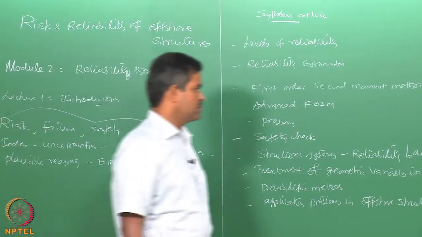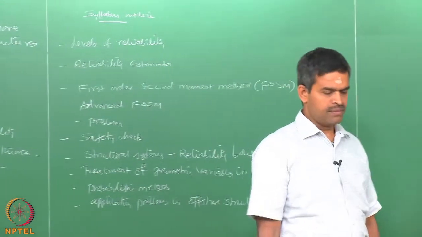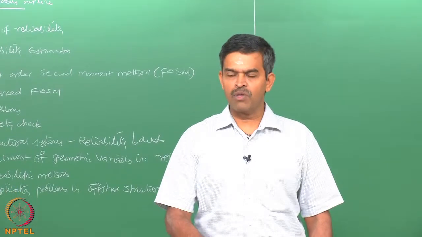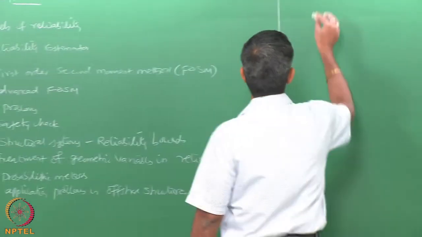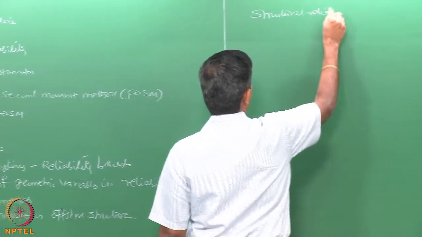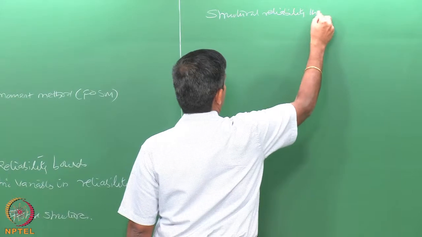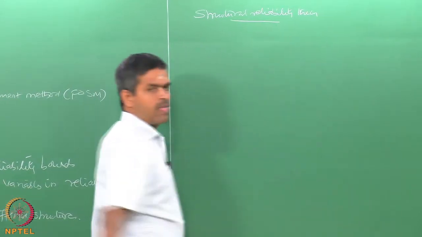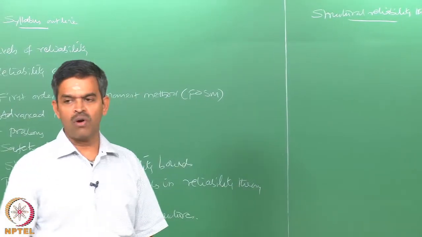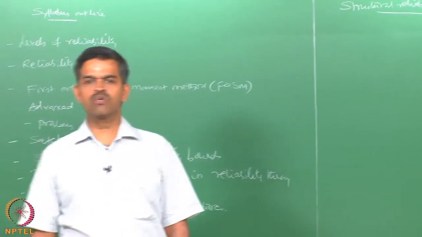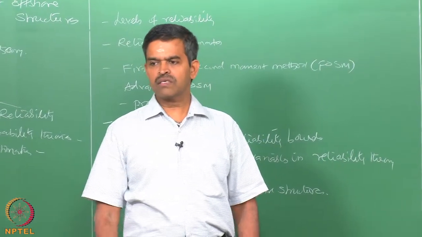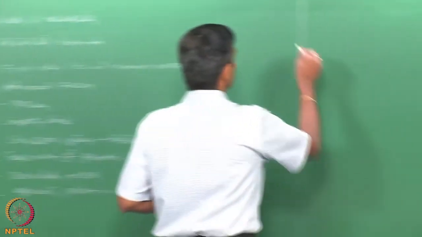To start with, let us try to define and revisit the reliability theory as applicable to offshore structures now. Let us say structural reliability theory. Friends, as we understand from the last set of lectures in module 1, failure of offshore structures is actually a consequence of decisions made under uncertain conditions.